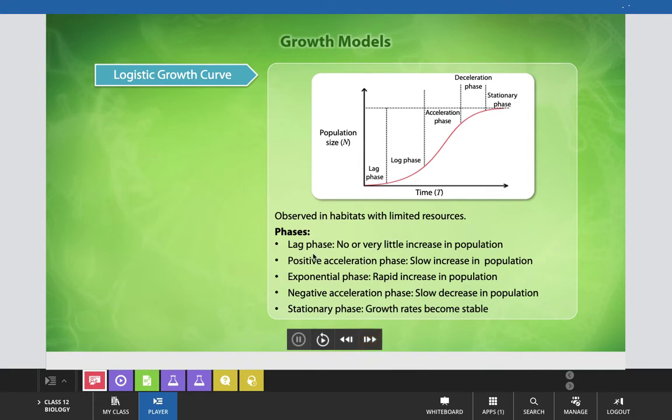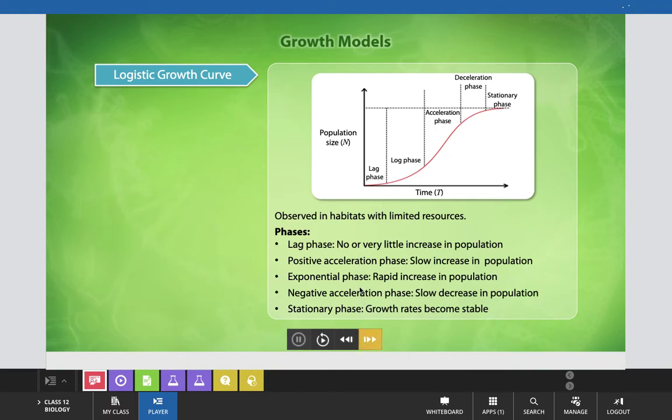And here you can see that lag phase, where no or very little increase in population is shown. Here this part of the curve is known as lag phase. The positive acceleration phase or slow increase in population is going on.